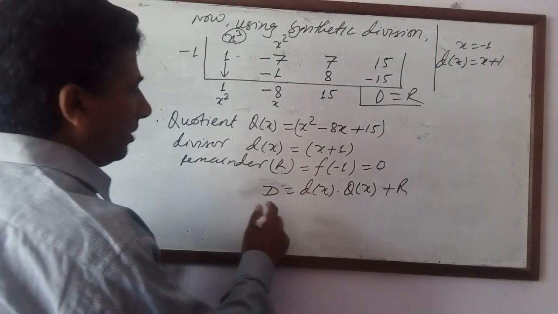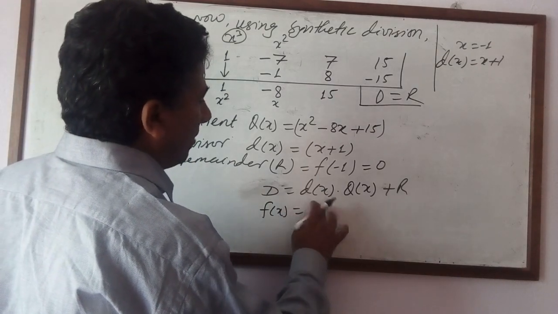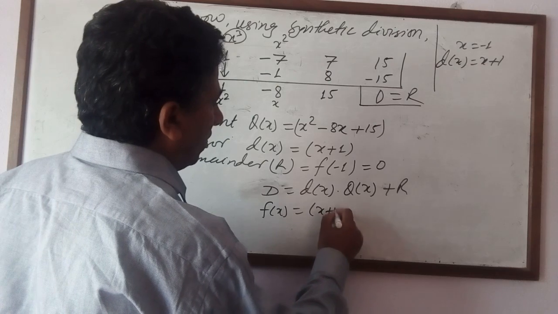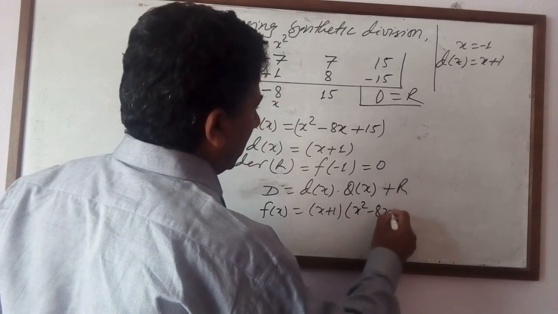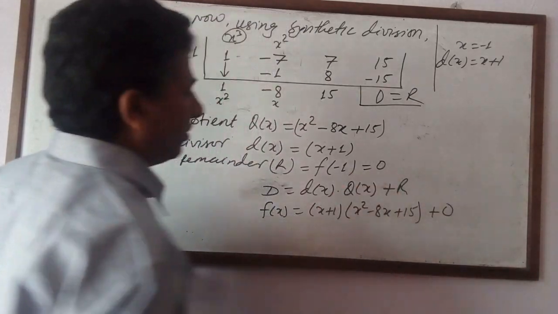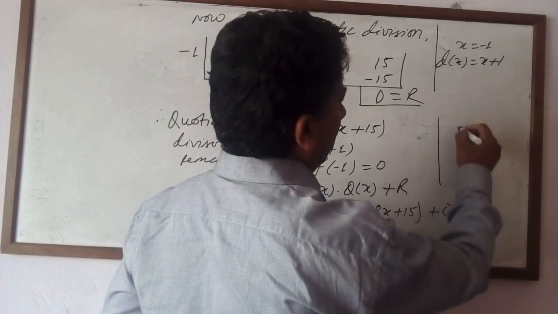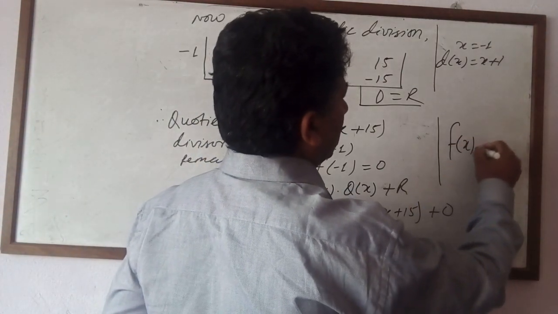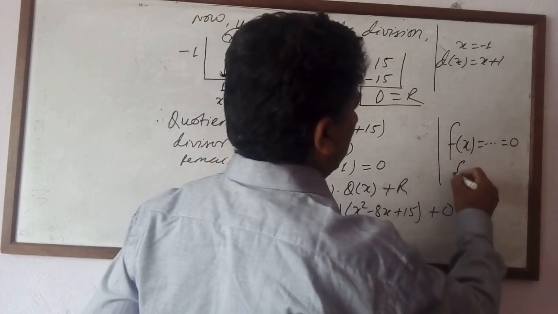Now in place of dividend, our dividend is f(x), the divisor is x plus 1, the quotient is x square minus 8x plus 15, and the remainder is 0. Now at the beginning I wrote f(x) equals this, and at last there is 0, meaning f(x) equals 0.